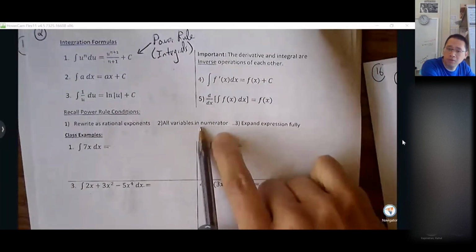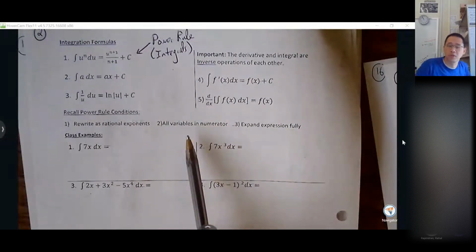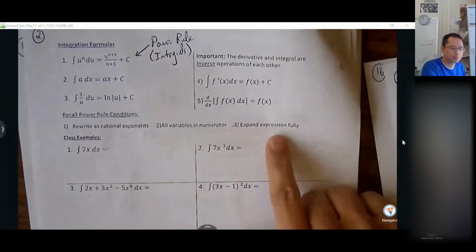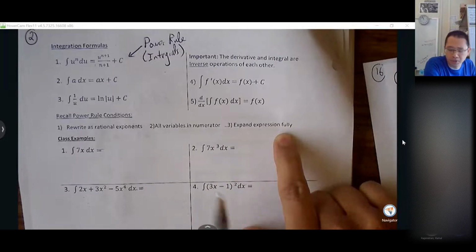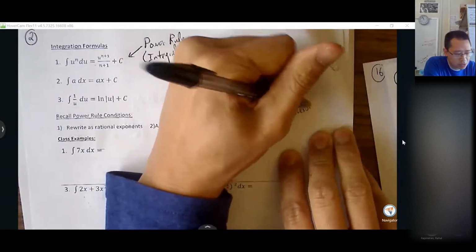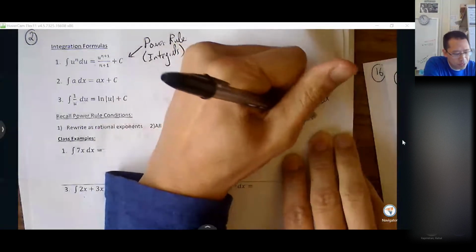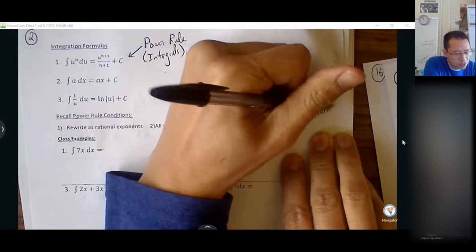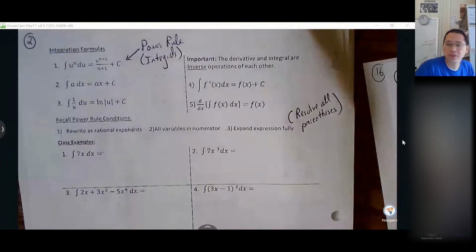If we can't find a way to move them up, then we need to explore something else. And third, we want to make sure that we expand our expression fully. What we mean by that is resolve all parentheses. We can't have parentheses with a value outside or an exponent impacting the parentheses. We have to find a way to expand it fully.